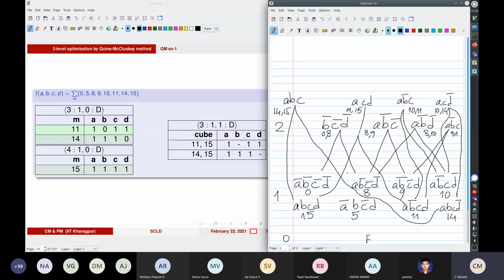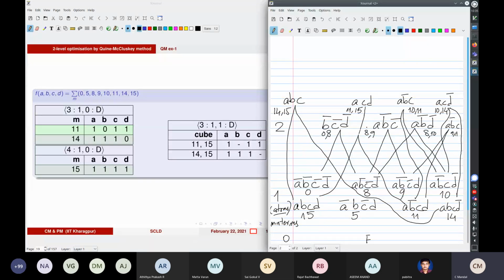At level 1 you have got the atoms, okay? These are your min terms, atoms. And then you have got slightly bigger cubes, okay? Where you have dropped. So this is the result of joining two min terms which are adjacent.